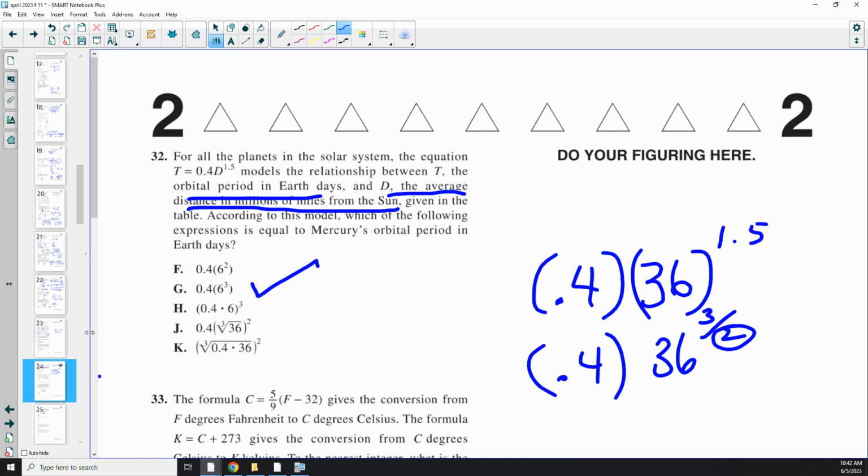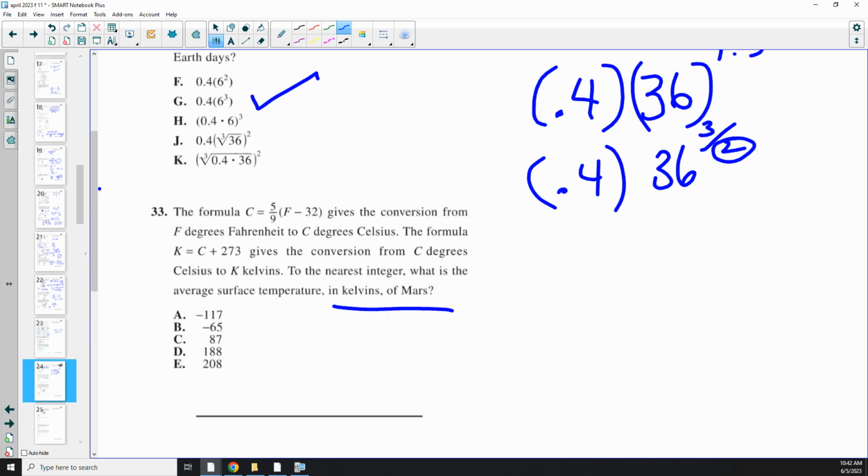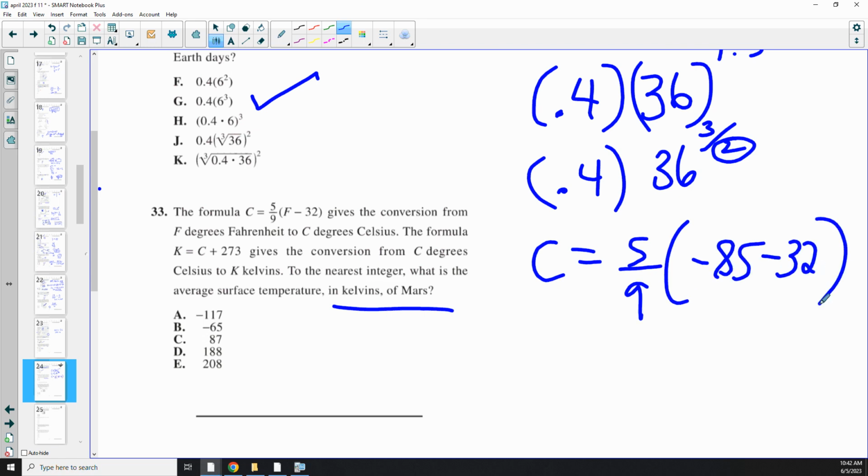So what you do is plug negative 85 into the first formula, and that will give you the C. I'm using my own calculator for this, so I don't have to transfer.